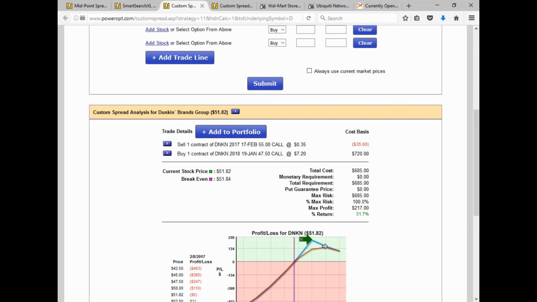So for every dollar that the stock's now moving up, you're giving a dollar back to the delta of the short call, but the long call has yet to reach a delta of 1. It's that magic at expiration. What do I mean by that? Let's say that you and I were looking at Dunkin' Donuts today, and let's say it just popped up $1.82 to be trading at 51.82 here. So just today it moved up $1.82. Well, the delta of your 50 call had gone to 1 because it's at expiration.